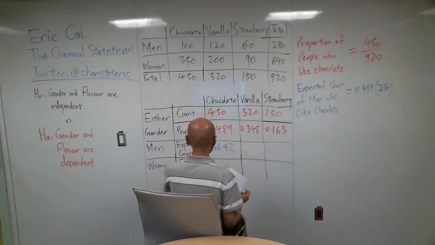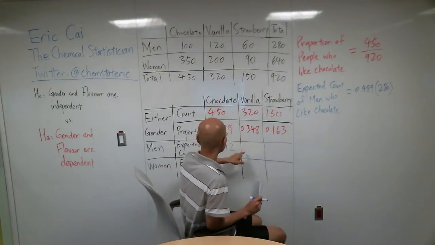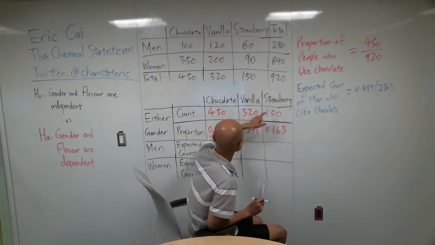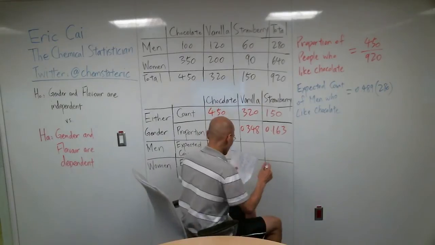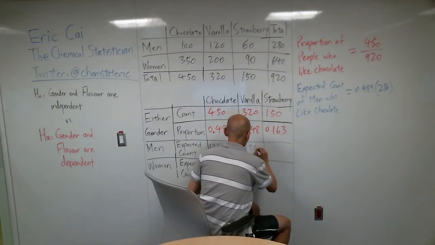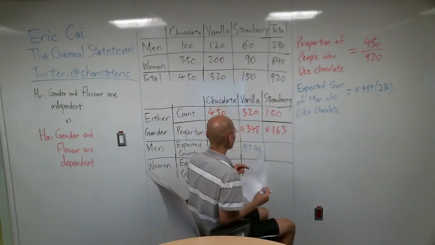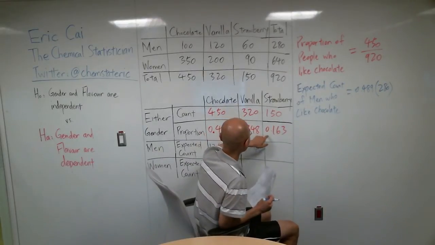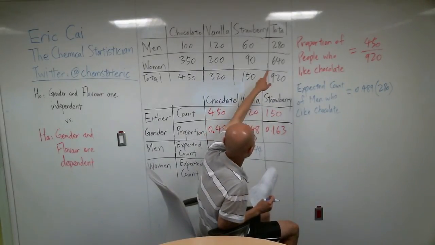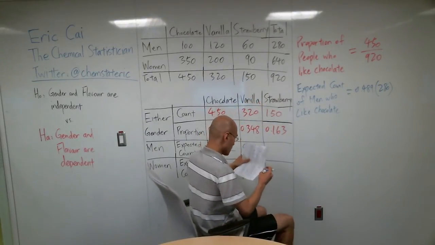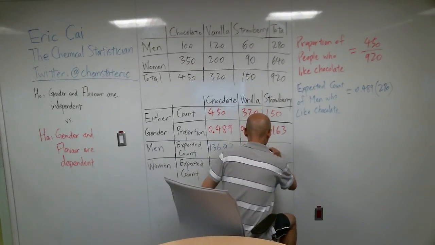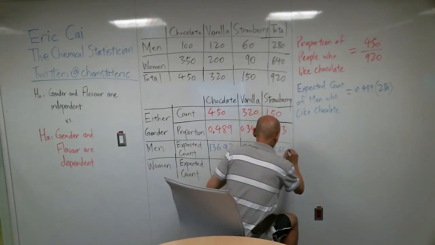The expected count of men who prefer vanilla is 0.348 times 280, and that is 97.44. The expected count of men who prefer strawberry is 0.163 times 280, and I've calculated that ahead of time as 45.64.